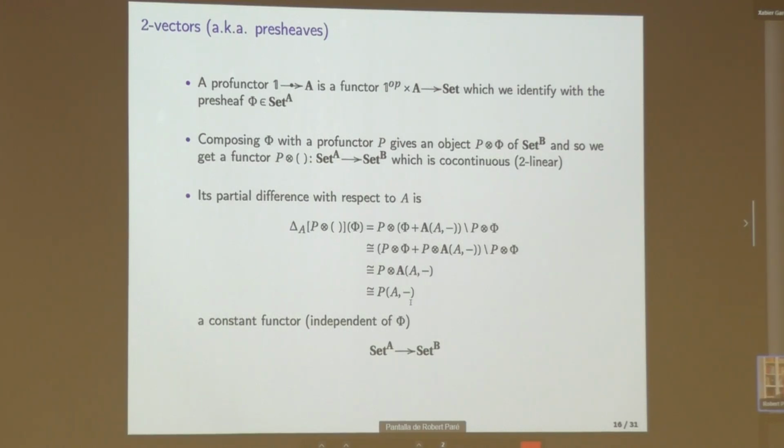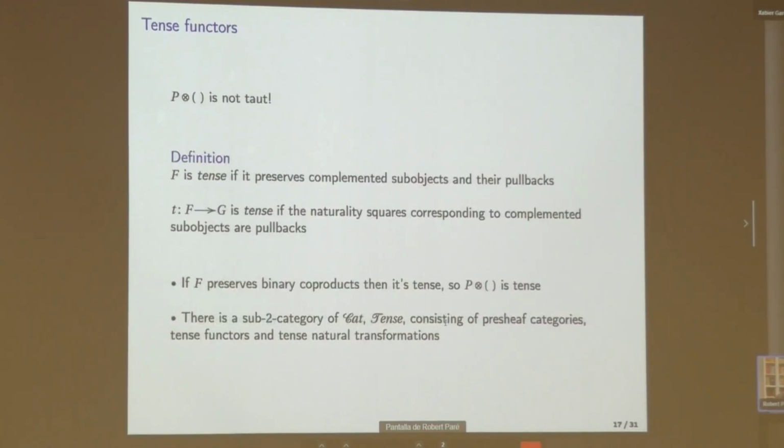So we're thinking that tensoring by P is linear, and what we get is a constant. It's a constant in that it's independent of phi. So it takes any functor phi here to this functor P(a, blank).